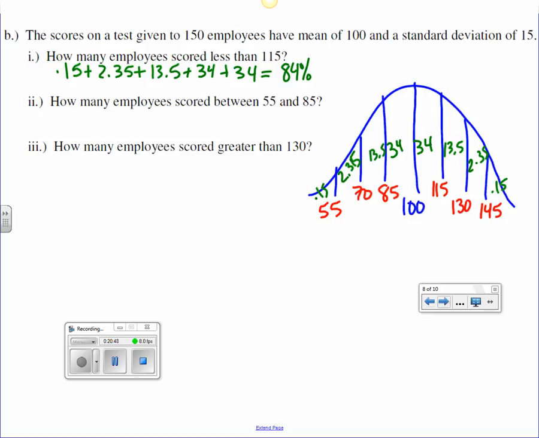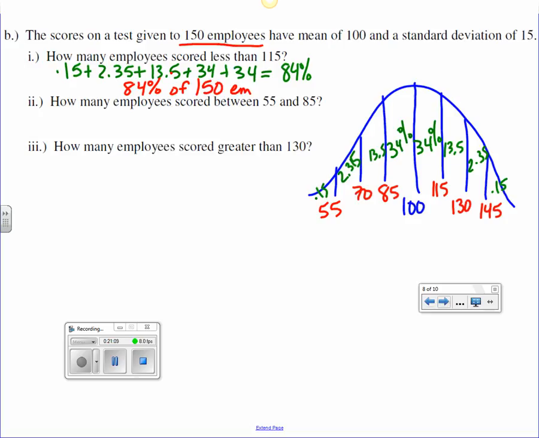84%. So these green numbers are all percents. What does the question ask for? How many employees? Okay. So 84% of 150 employees. Look, that's up here at the top.